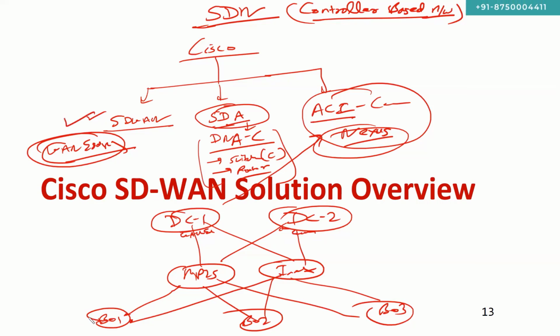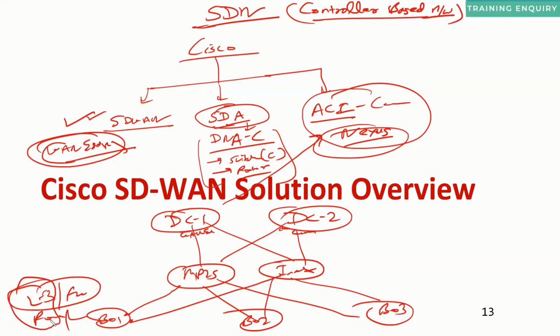And in branches, if you have large branches, that's where you have L3 switches, maybe firewalls or routers. Firewalls cannot be managed through the DNAC as of today, but Layer 3 switches like Catalyst switches, WLCs, and even the ISE policies can all be managed through the DNA controller.